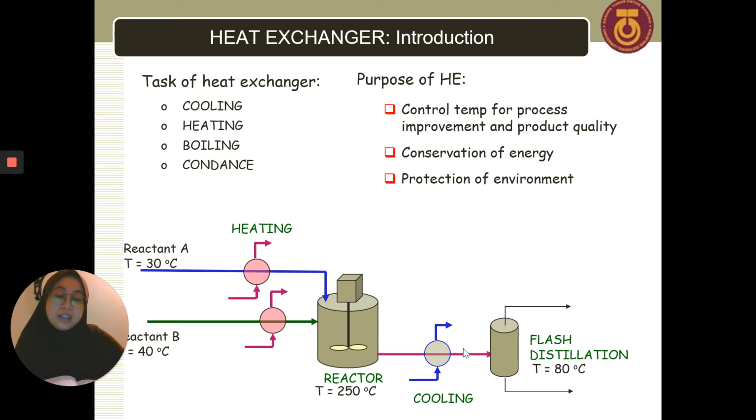After you do the reaction, the heat which is released here can be put back in the heating here so that you can conserve the energy. So this is also the purpose of heat exchanger. You can do this actually in the HEN, so-called heat exchanger network.